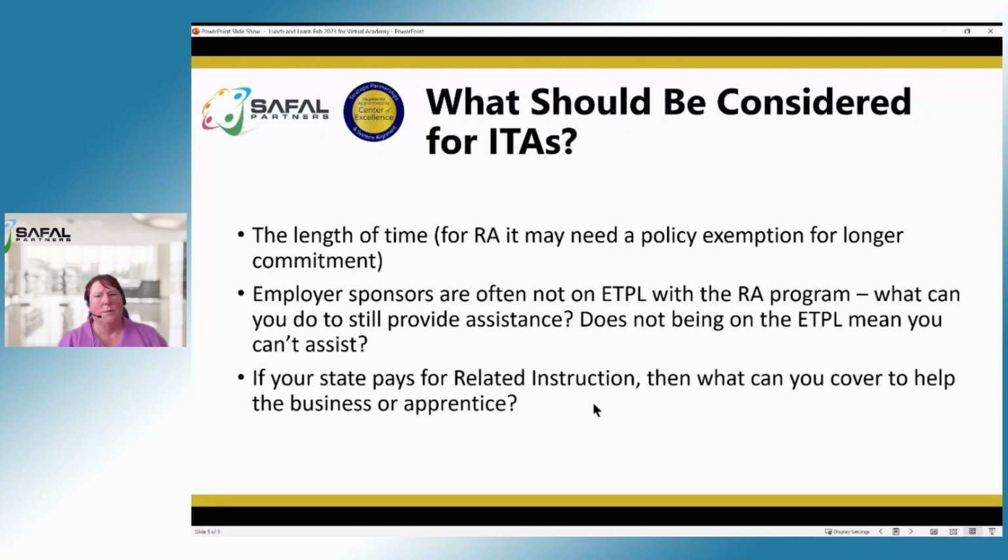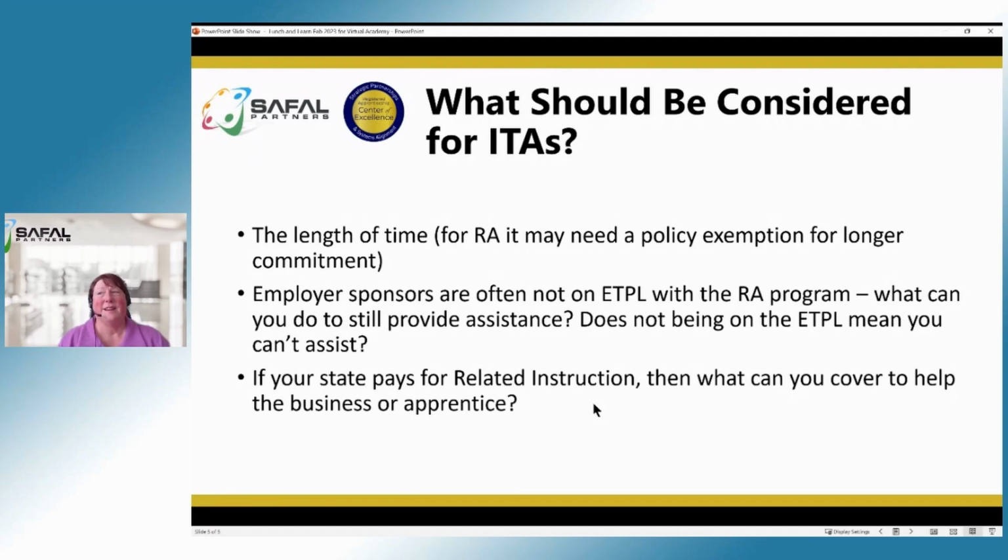For some workforce boards, that's plenty of time; they're okay with that. In other words, they've got a 2 year length of time. But if you have somebody going into a 4 year type of registered apprenticeship, you're going to probably have to talk with your board about how can we do a policy exemption for in-demand occupations, a registered apprenticeship that's going to take longer.